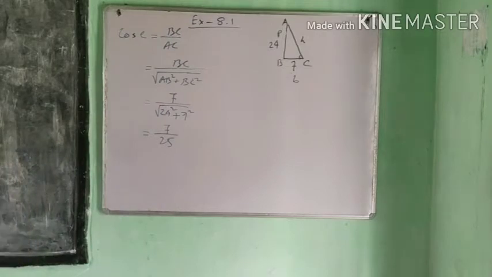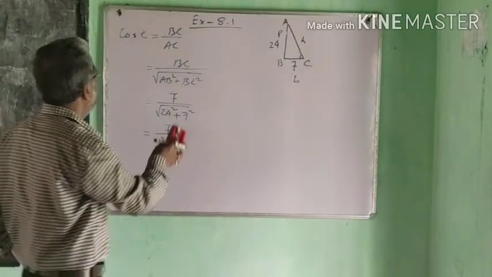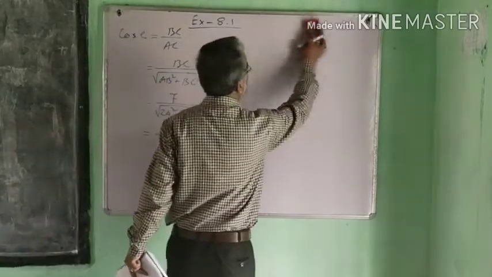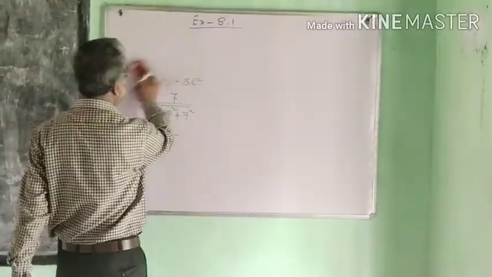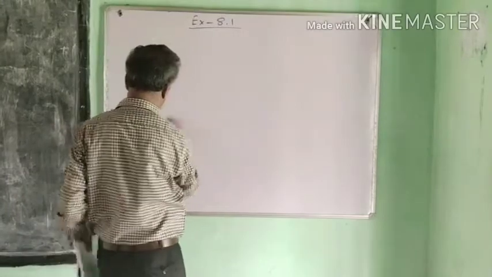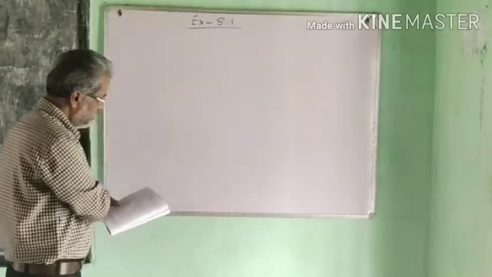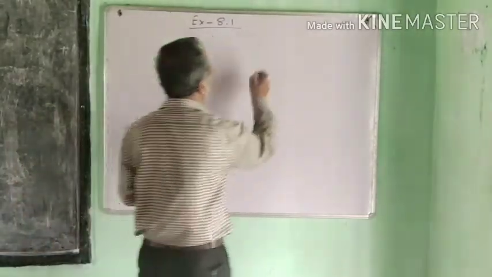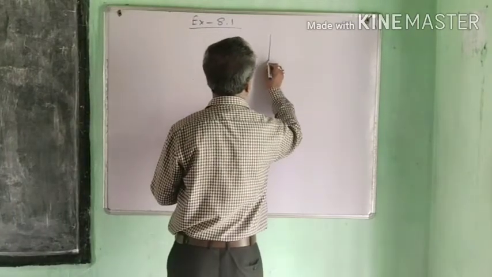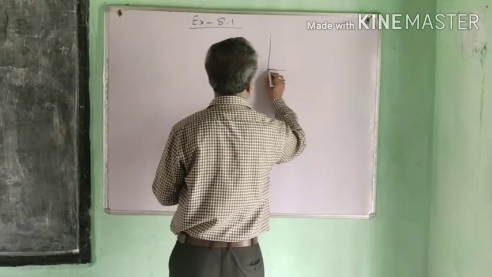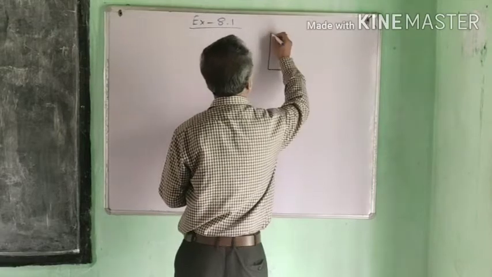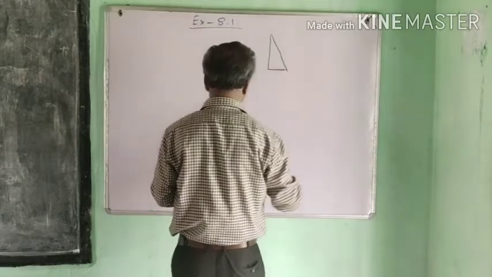Now go to the second question. The second question is, there is a figure in your book. The figure is like this: a right angle triangle PQR.